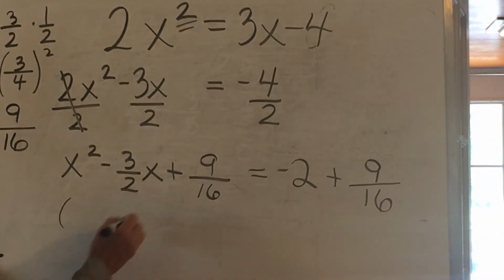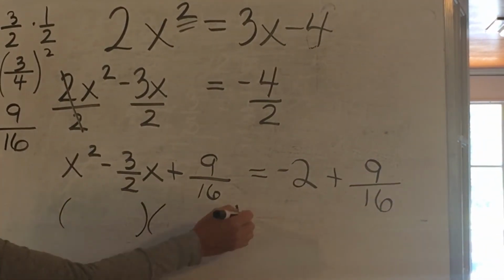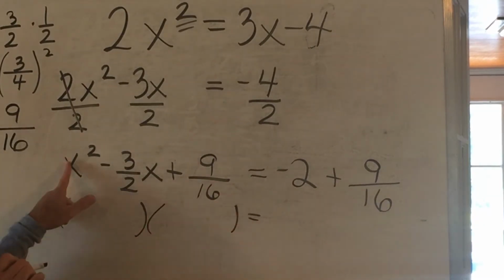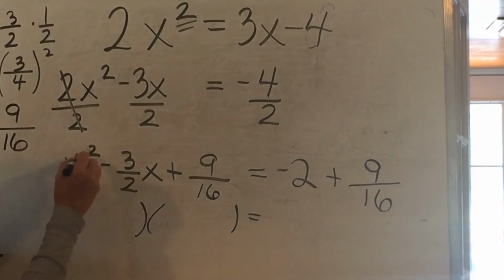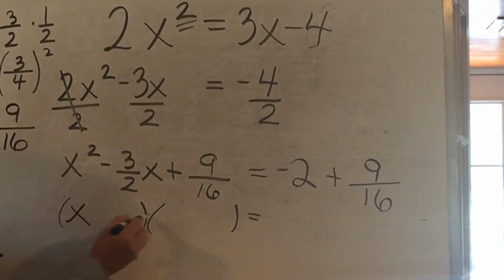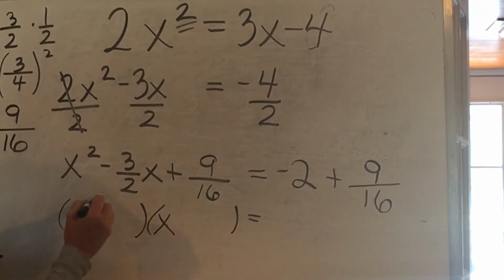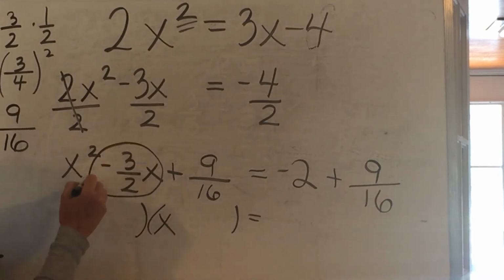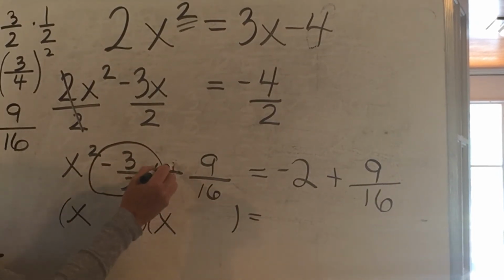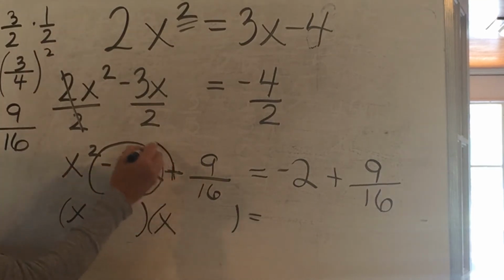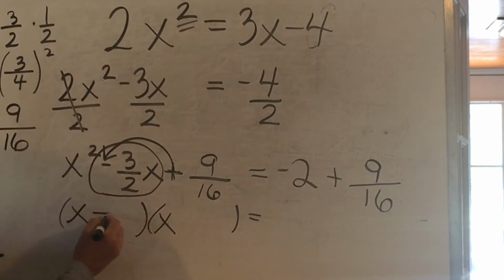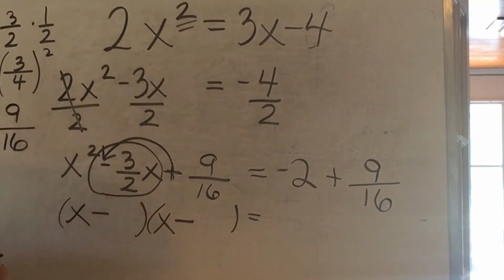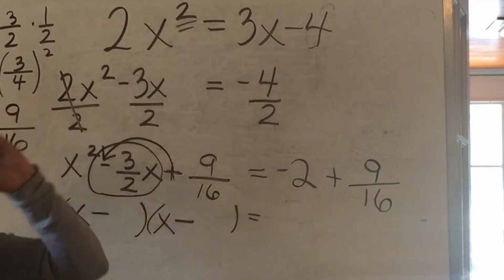Now, you are going to open 2 sets of parentheses, and you're going to factor, skip, factor. And x squared is x times x. Skip over the middle. Plus sign, same kind of signs. Look back to see which kind. 2 minuses. How do you factor a fraction?